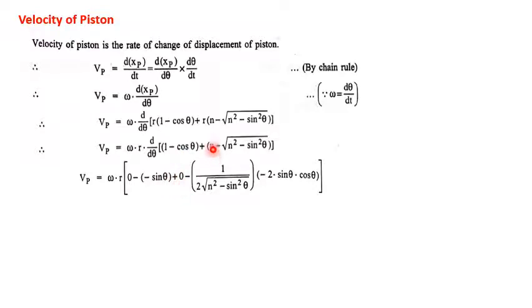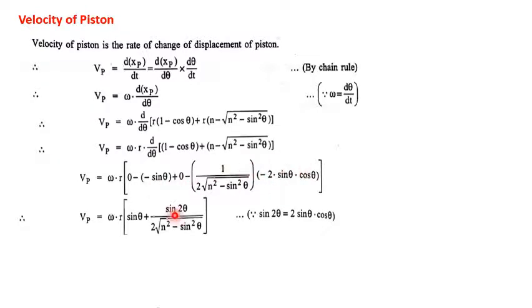Plus, the differentiation of n is 0, minus the differentiation of this square root: 1 divided by 2 times root of n square minus sine square theta, into the differentiation of sine square theta inside, that is minus 2 times sine theta into cos theta. Since we have a minus sign here, the differentiation of minus sine square theta is 2 times sine theta into cos theta. This is the differentiation of the above term.